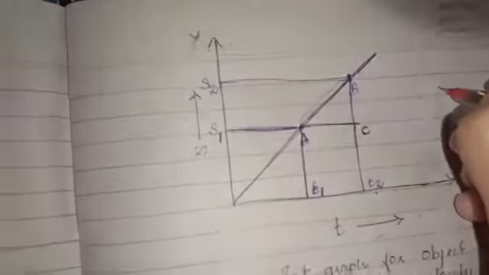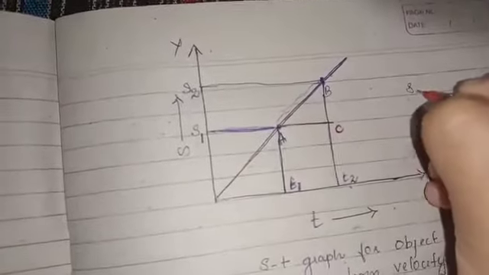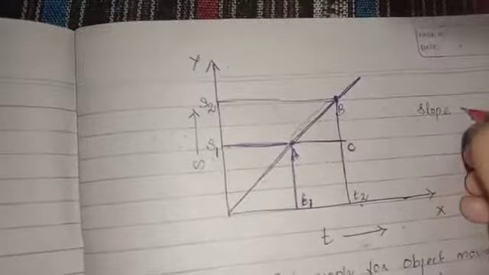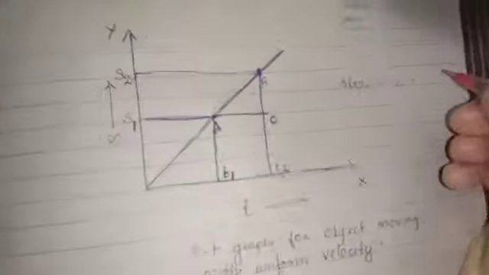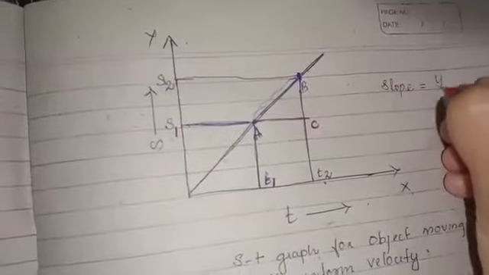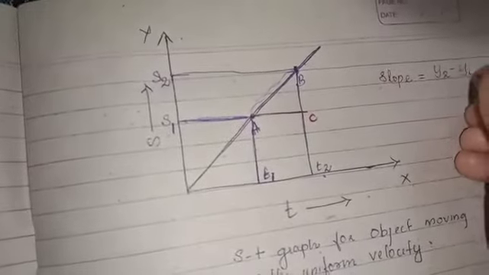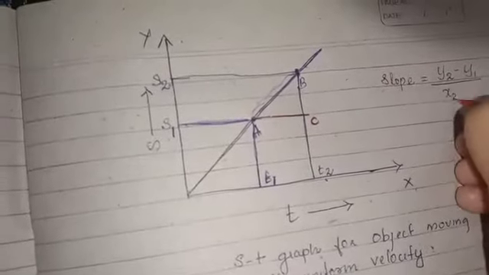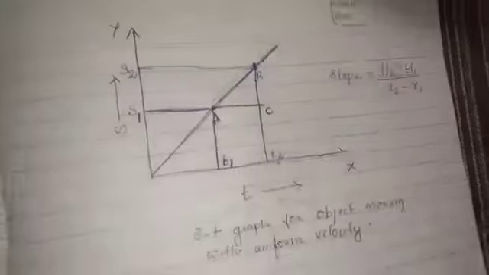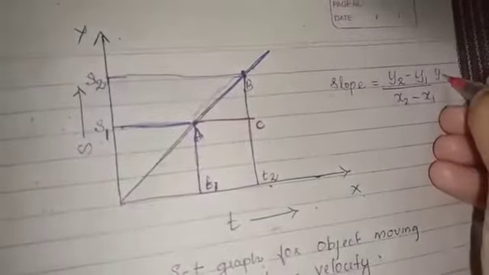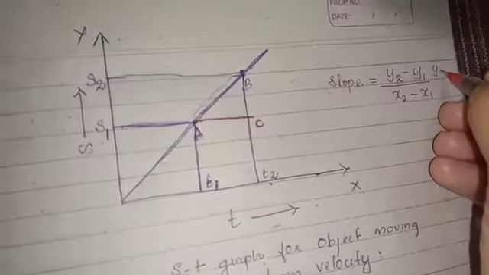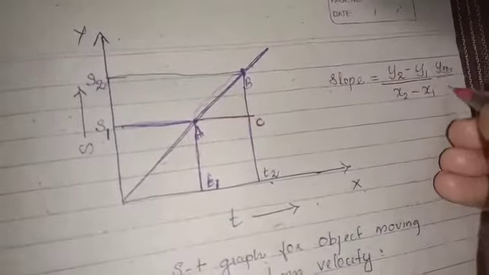This you will study in class 10, I think. For finding the slope of a graph, we have the equation: slope is equal to (y2 minus y1) by (x2 minus x1). So slope is the y coordinate divided by the x coordinate.